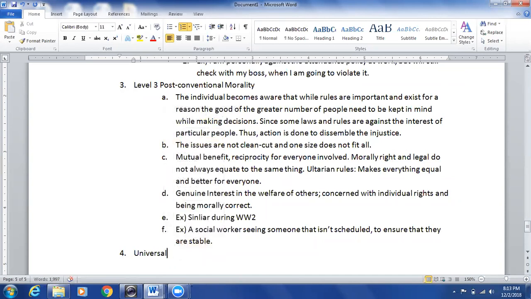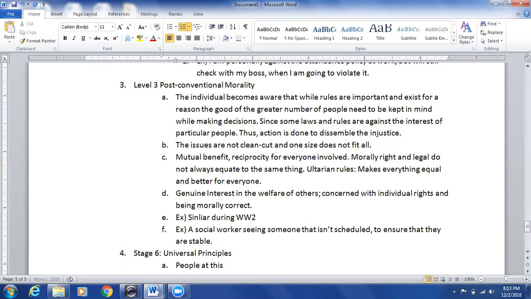So the universal principle. And this is stage 6. So we've gone through 6 stages, 3 levels. And this is universal principles. What does this one actually entail?